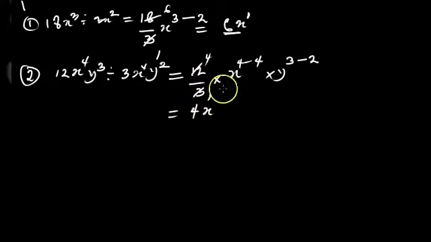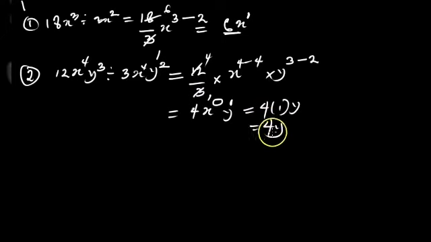X raised to power 4 minus 4 is x raised to power 0, and y raised to power 3 minus 2 is raised to power 1. Now, anything raised to power 0 is 1. So my x to the power 0 is the same thing as 1, and this is 4 times 1 times y. That's equal to 4y.